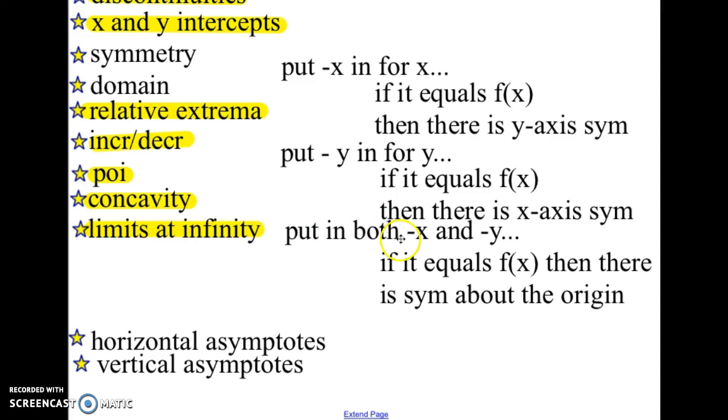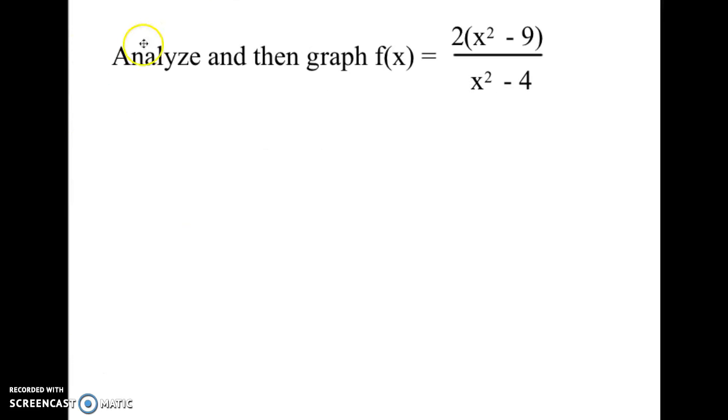And if you put in both negative x and negative y at the same time, and you simplify it, and if that equals the original f of x, then there is symmetry about the origin. We probably don't need to worry about that much. Horizontal asymptotes, vertical asymptotes, those are our discontinuities and our limits at infinity. So just remember those. Let's analyze and then graph this.